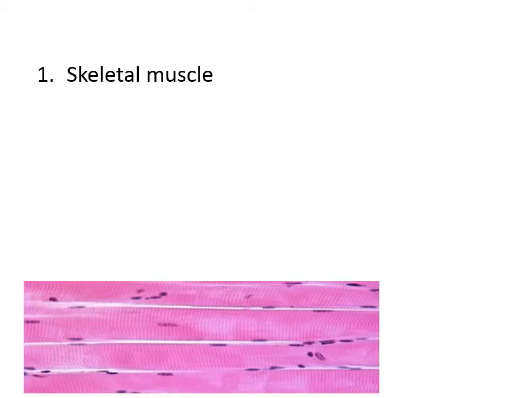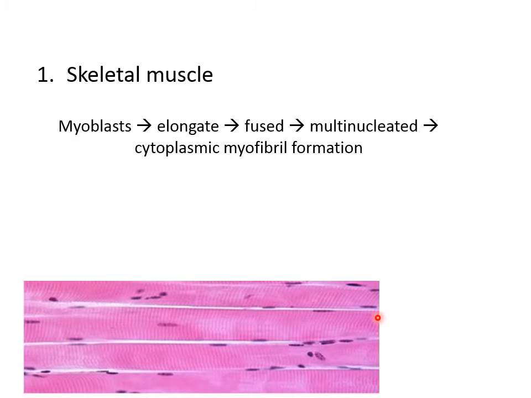From the histological point of view, the skeletal muscle is striated muscle, multi-nucleated. The skeletal muscle cell is multi-nucleated. The myoblast firstly forms, then elongates.